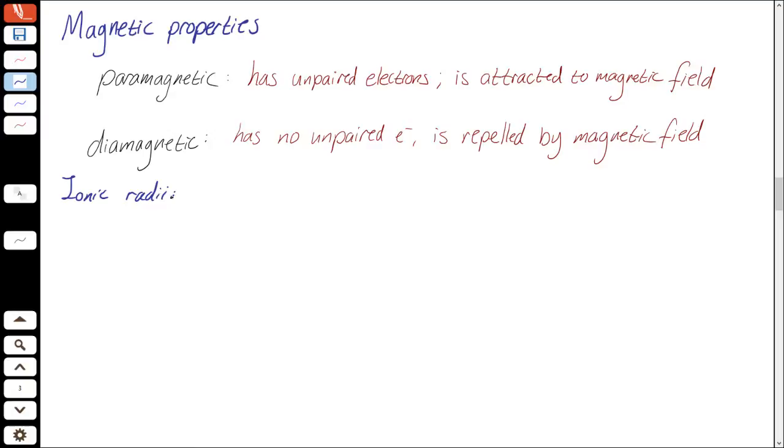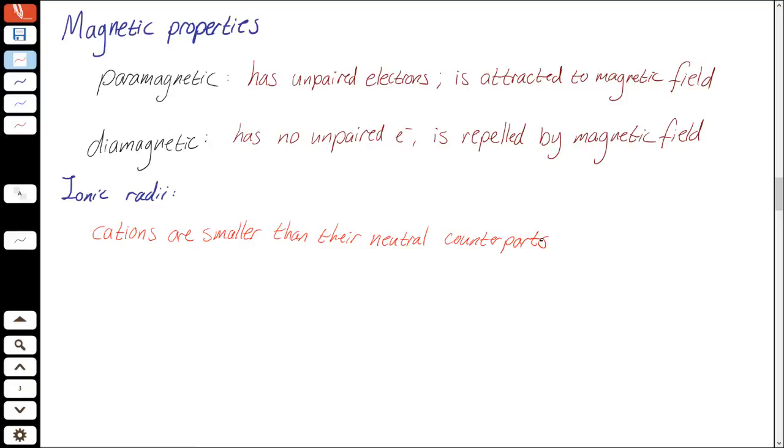Cations are always smaller than their neutral counterparts, but for a couple different reasons, depending on the cation.